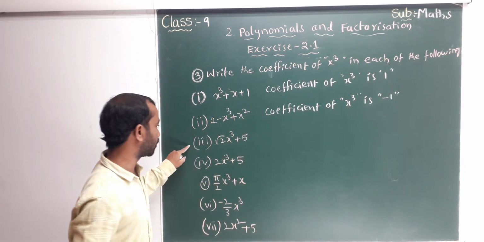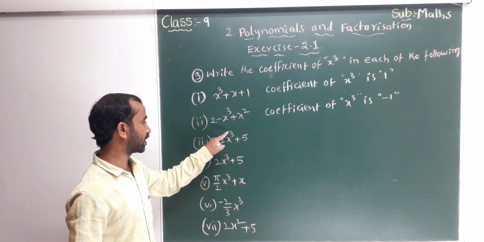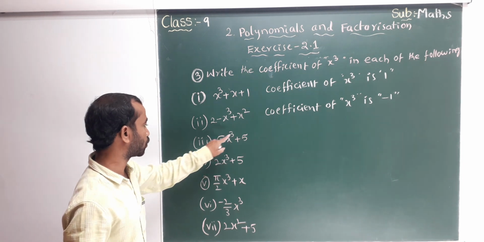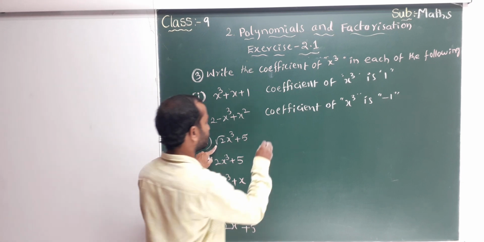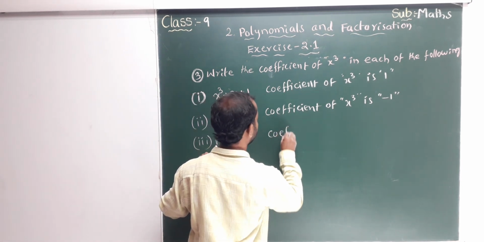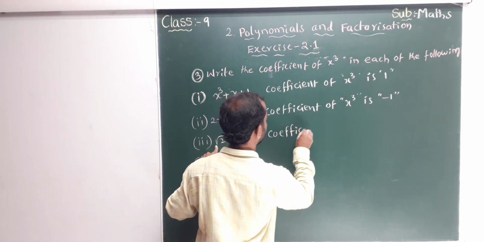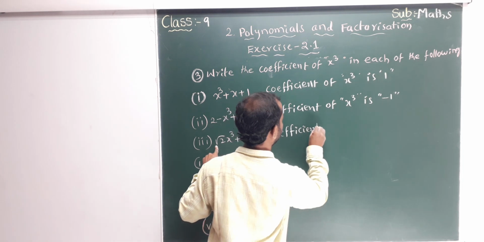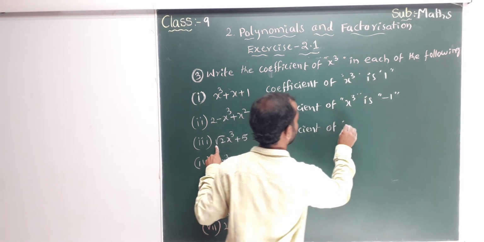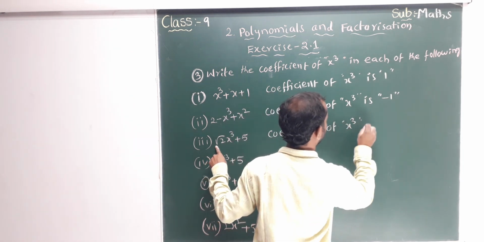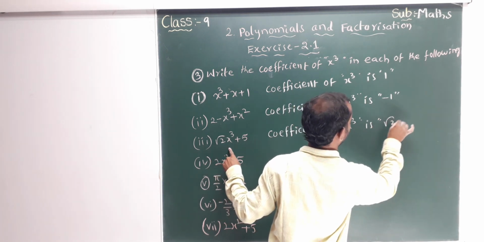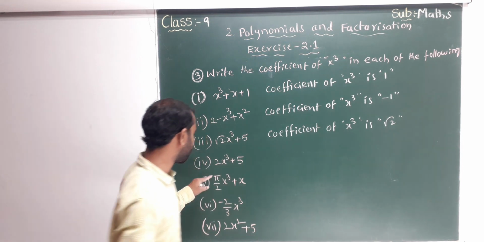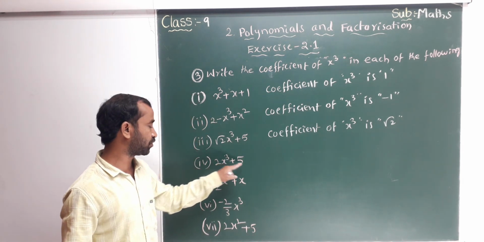Next, third problem: root 2 into x cube plus 5. So the coefficient of x cube is root 2. Next, fourth problem: 2x cube plus 5.